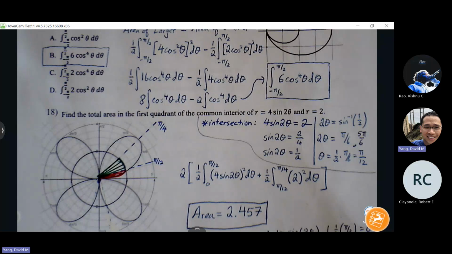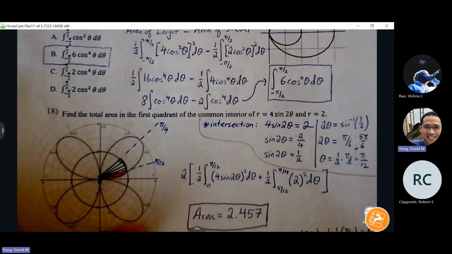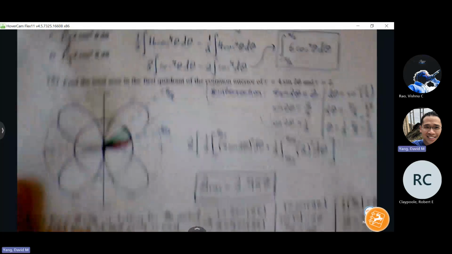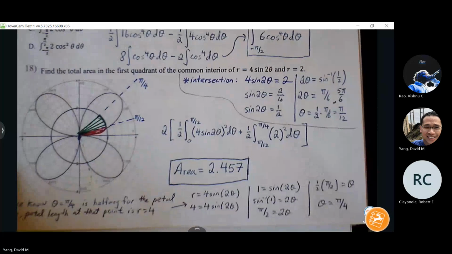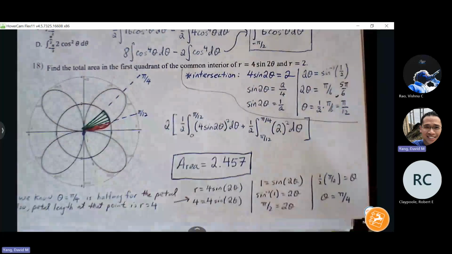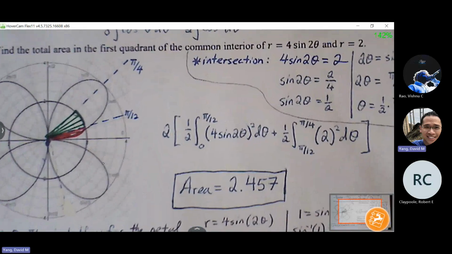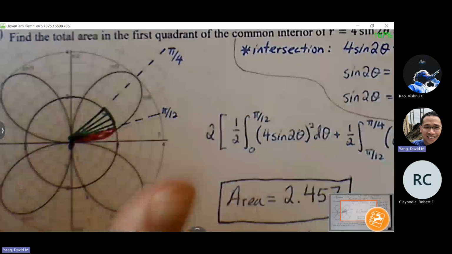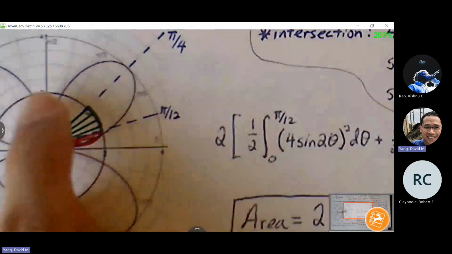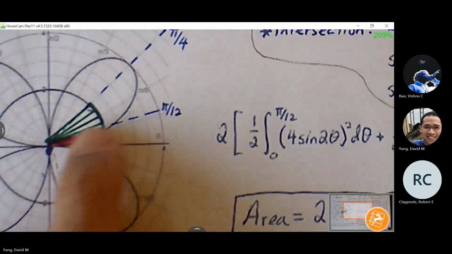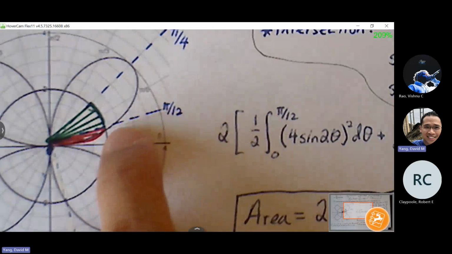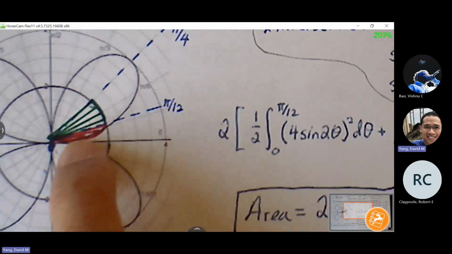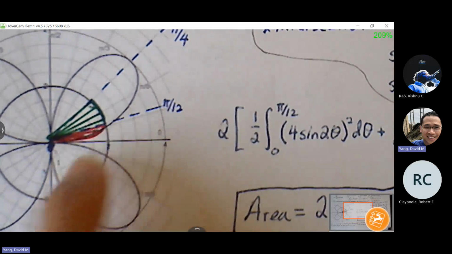Okay, number 18, find the total area in the first quadrant in the common interior of r equals 4 sine of 2 theta. So what we can do here is, first off, we see that we need to find the intersection, because at this intersection is where there's a transition, right?